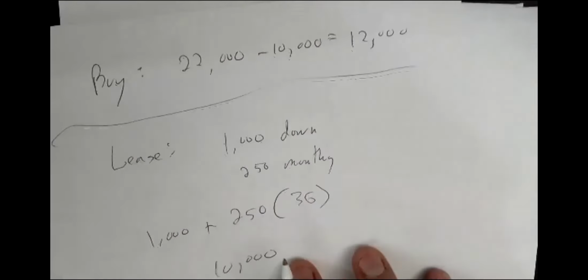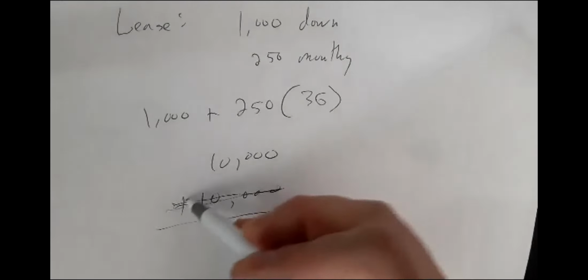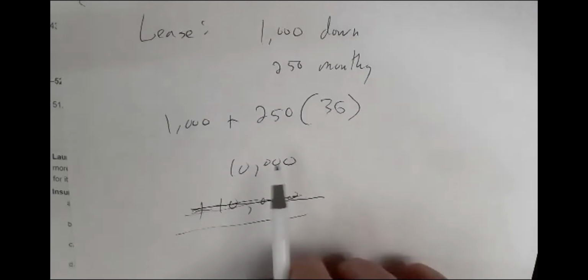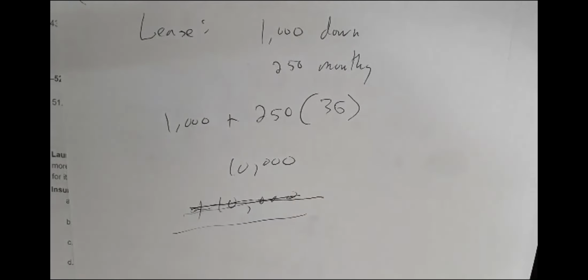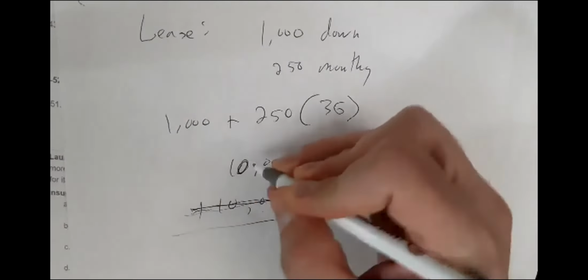In this scenario, we got rid of the car. So we're not buying the car. If we wanted to buy the car, we'd end up spending 20K on that car, I think is what it's saying. But that's not what's happening. If we lease it, we're gonna end up paying 10,000 total just to lease. You're basically renting the car, right?